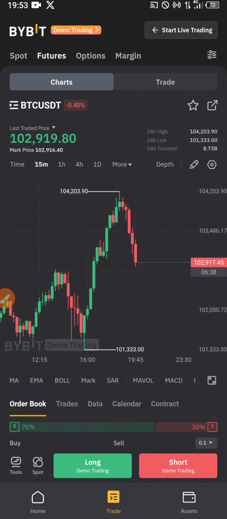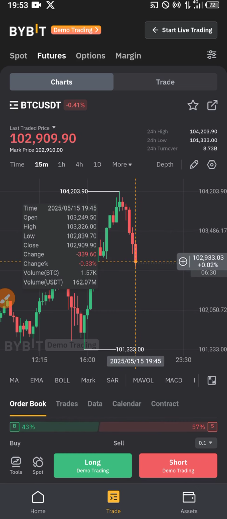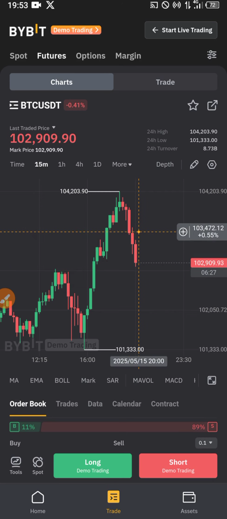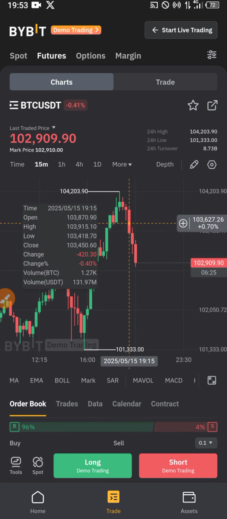So now the next one. This is the current price of BTC, right? Let's say whenever the market comes up here, that's when I'm interested to buy. How do I do that?